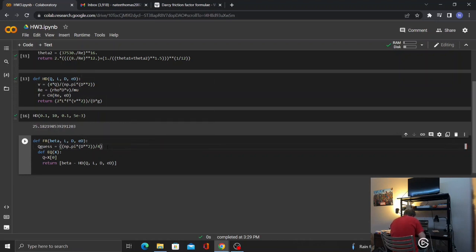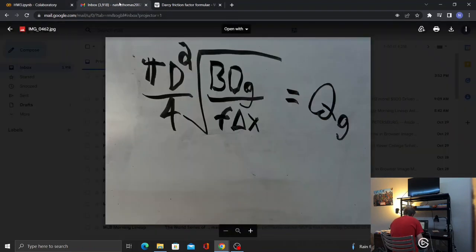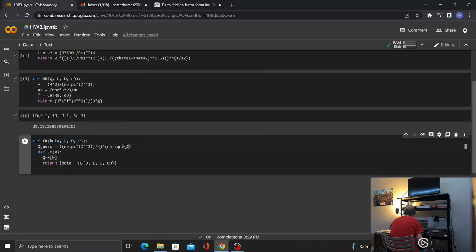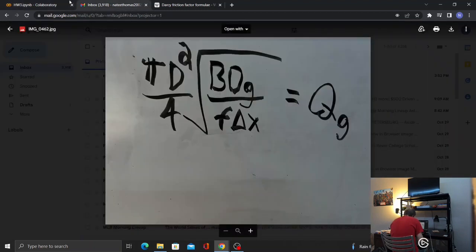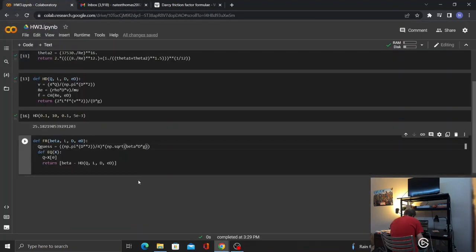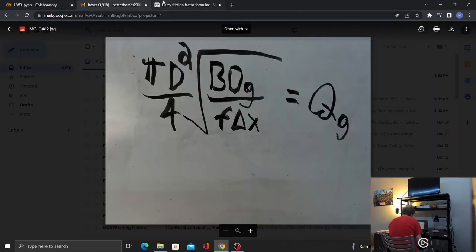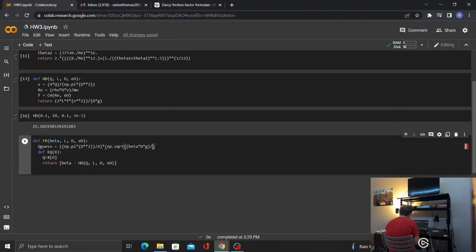All that times numpy square root of beta times d times g over, and this is where we will need an F guess as well.